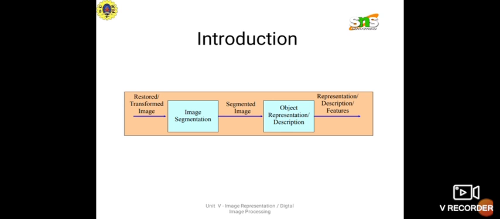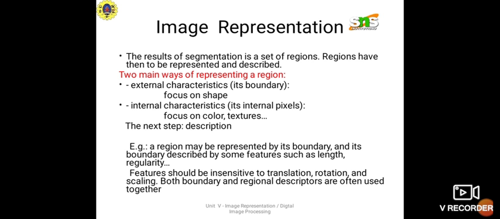Representation based on external characteristics depends only on its boundary. Here the focus will be on the shape of the segmented region. The second one is internal characteristics, based on the internal pixels. Here the focus will be mainly on colors and textures.